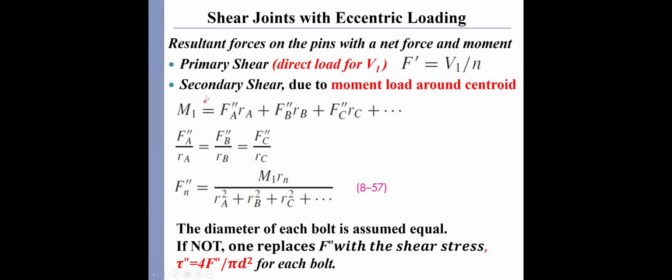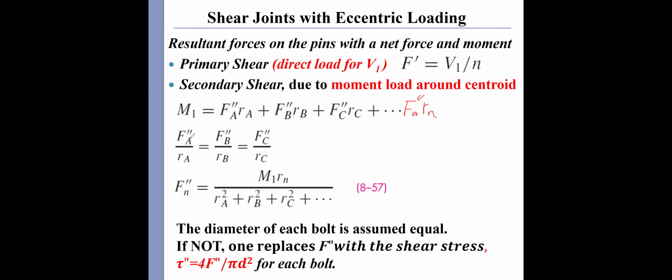So there we get the moment M equals F_A double prime times R_A plus F_B double prime times R_B and so on, up to F_N double prime times R_N.